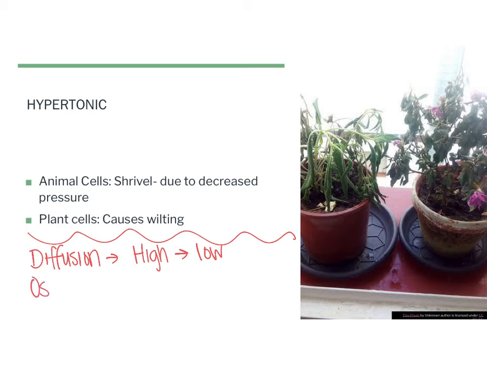And then osmosis is the movement of water, and it basically is from the lower concentration to the higher. So water goes from low to high. These are our two forms of passive transport, meaning that these don't require any extra energy.